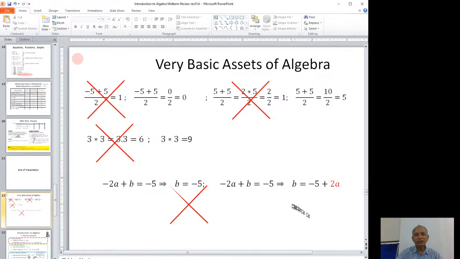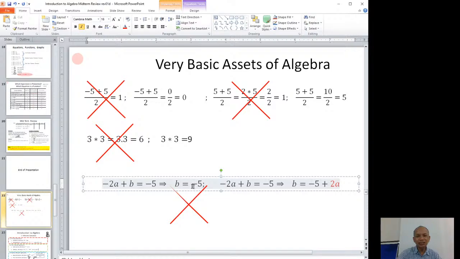We miss out, we drop the 2a here, see there is no 2a here.